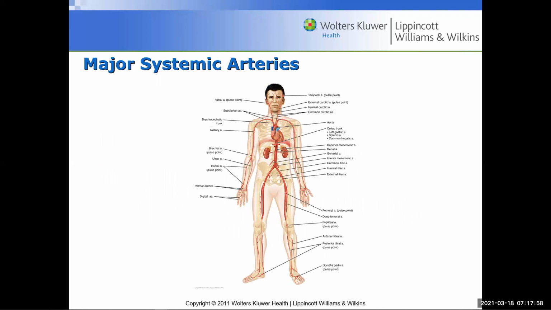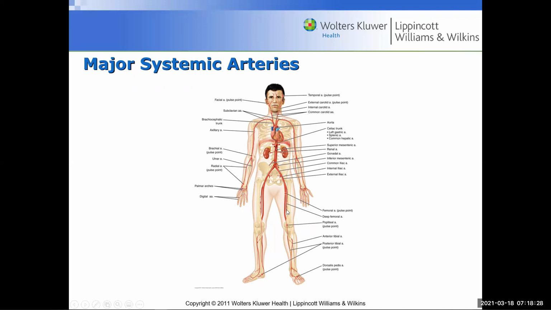So we'll just speak to the major systemic arteries and veins as shown here. So here we have, of course, the aorta coming out of the heart itself, and the major divisions. You have the brachiocephalic trunk, subclavian artery, the axillary artery, radial artery, going down to the arms themselves, the femoral, so named because of the presence of the femur, its proximity to it.